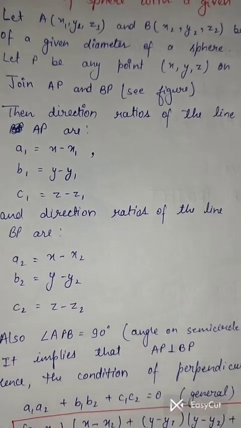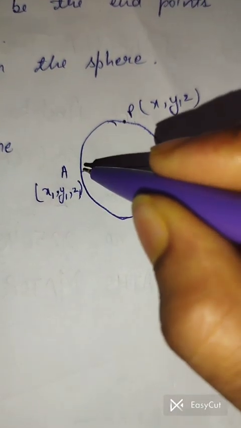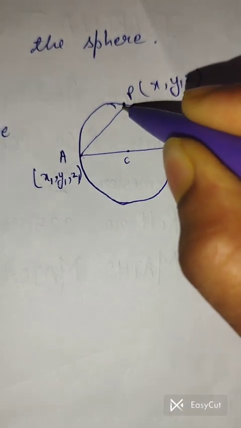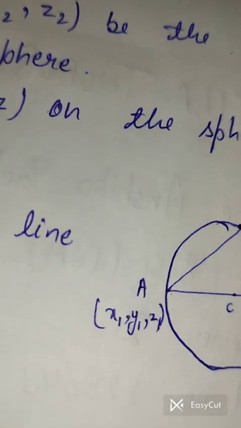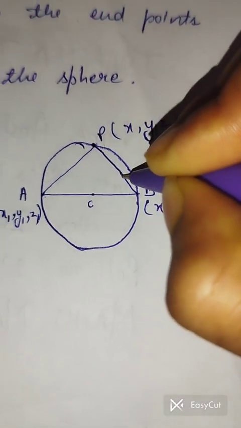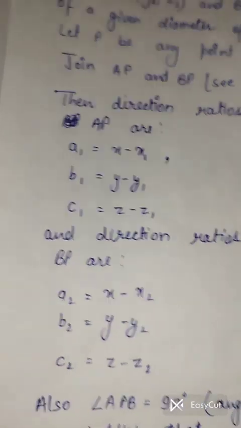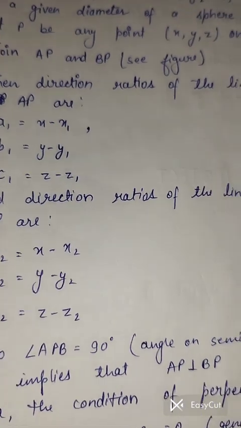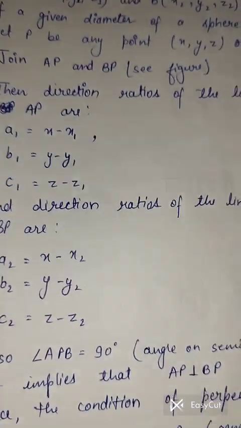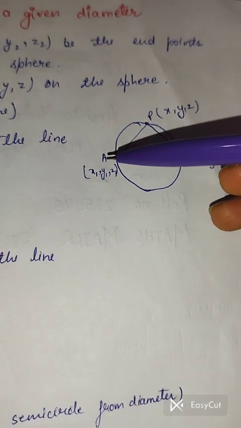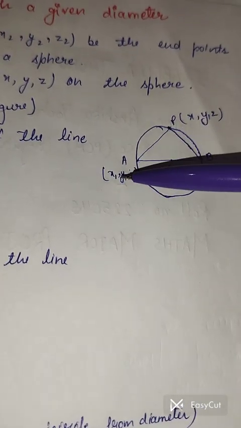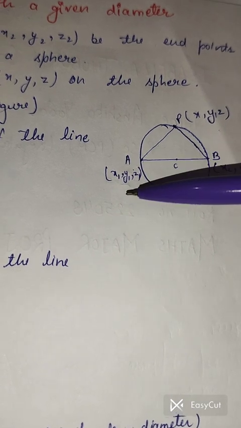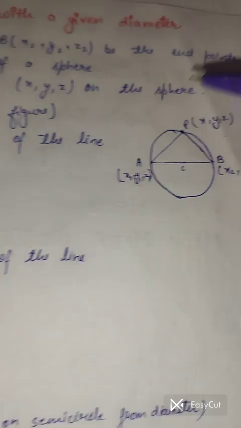Now we have to join AP and BP. As you can see in the figure, we will join the point A to P and the point B to P. Then the direction ratios of the line AP will be x minus x1, y minus y1, z minus z1.